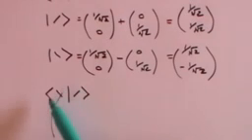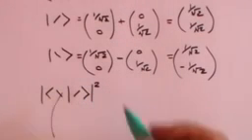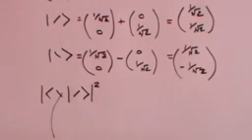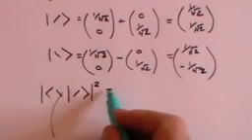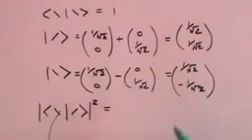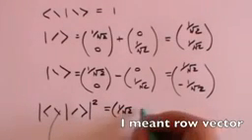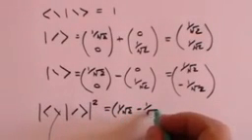Consequently, the probability amplitude, which is this, and the probability itself, which will be the square of this, must be 0. That's what we've got to hope for. Okay, let's see if it is. What is the backslash? Well, the backslash is this term here, and we put it as a column vector: 1 over root 2, minus 1 over root 2.